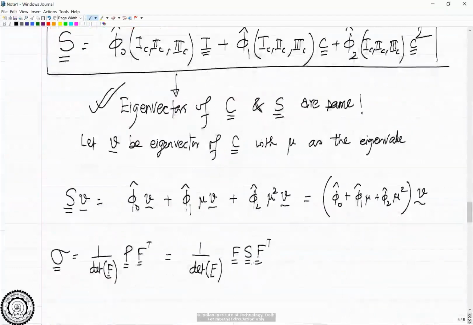And then you plug in the expression for S from above and see what you get.